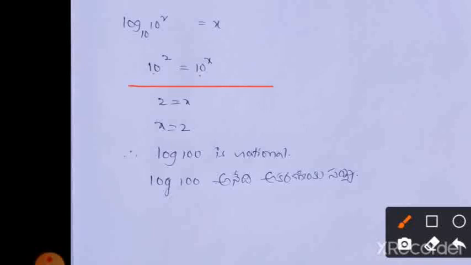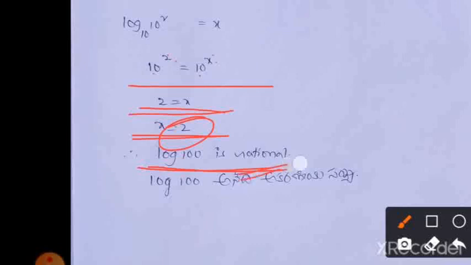So the powers should also be equal. So 2 is equal to x. It means x is equal to 2. So log 100 is rational. Why? Because 2 is a rational number. We know 2 is a rational number. That's all. Thank you for watching this.